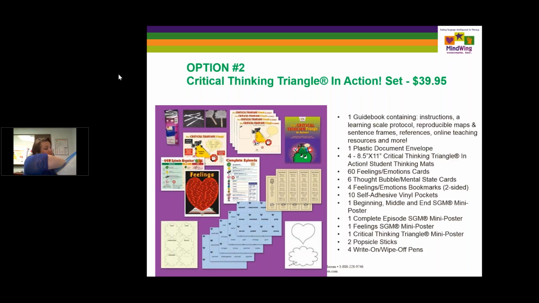And there are directions in the guides of how to use all of these. It comes with sentence strips that you can reproduce. Everything is reproducible. It comes with bookmarks, 60 feelings cards, and thought bubble cards, and you can do everything that you saw Mary Ellen do with this set of materials.